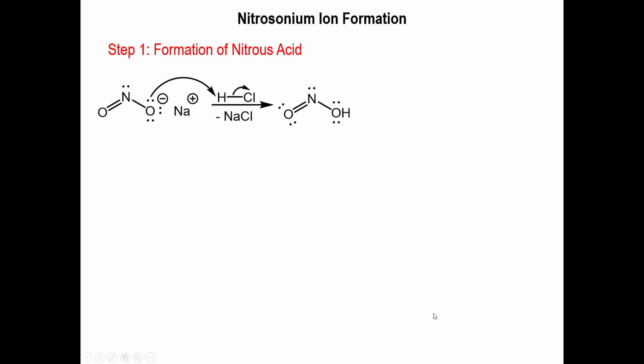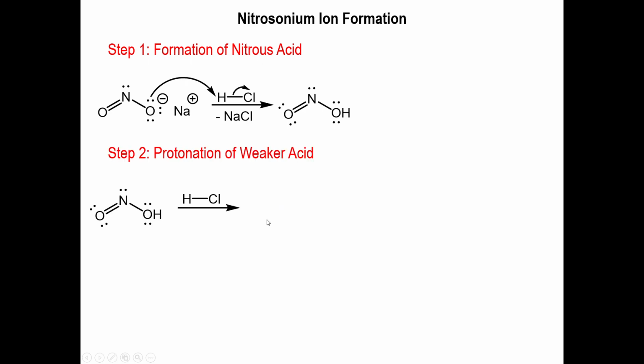But you use plenty of excess HCl, so much so that you don't just protonate nitrite once to make nitrous acid. Nitrous acid is weak, HCl is strong, so HCl basically bullies nitrous acid into acting as a base under these conditions, so that it gets protonated one more time.